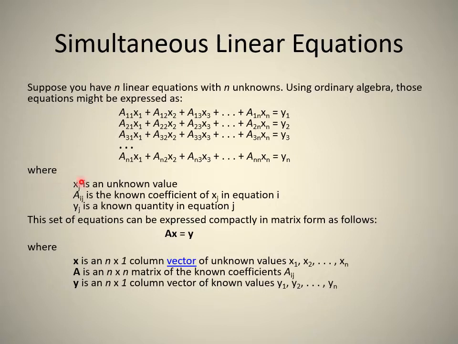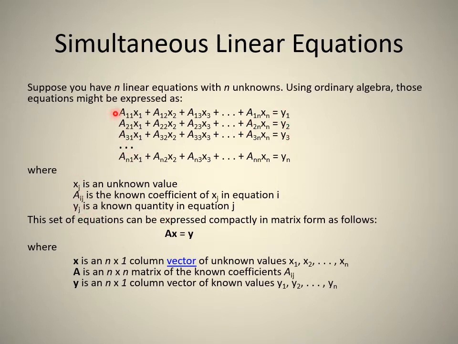So each of these x's is an unknown value, and the a's would be what we call coefficients. So this could be, let's say, 3x1 plus 3x2 plus 7x3 and so on equals 23. This could be, say, 7x1 minus 4x2 plus 23x3 equals 433 and so forth.